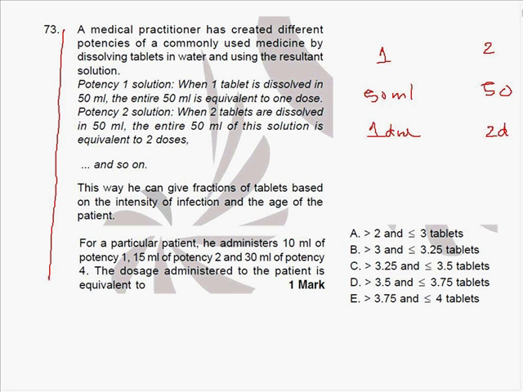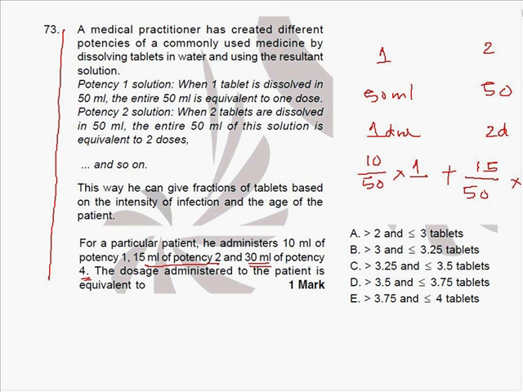For a particular person, administer 10 ml of potency 1, into 1, plus 15 ml of potency 2, and 30 ml of potency 4.